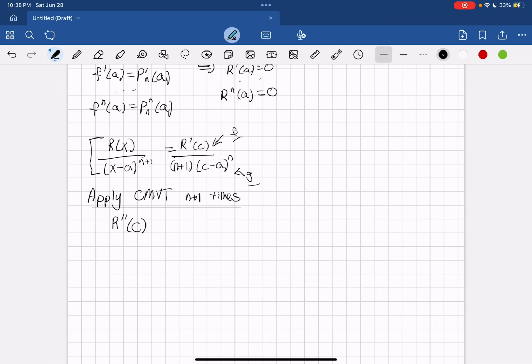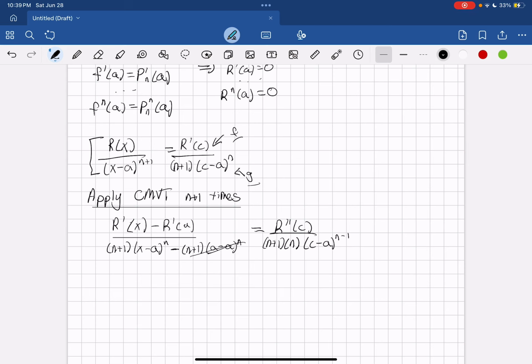This is just skipping a few steps, but if we want to see where this comes from, we can say that r prime of x minus r prime of a over n plus 1 times x minus a to the n minus n plus 1 times a minus a to the n, which is 0 again, equals r double prime of some other c over n plus 1 times n times c minus a to the n minus 1.